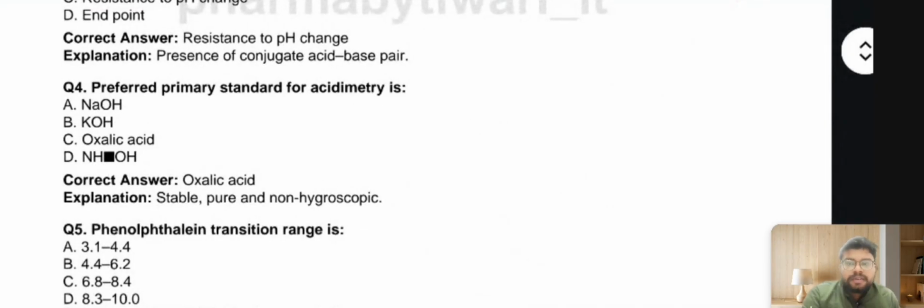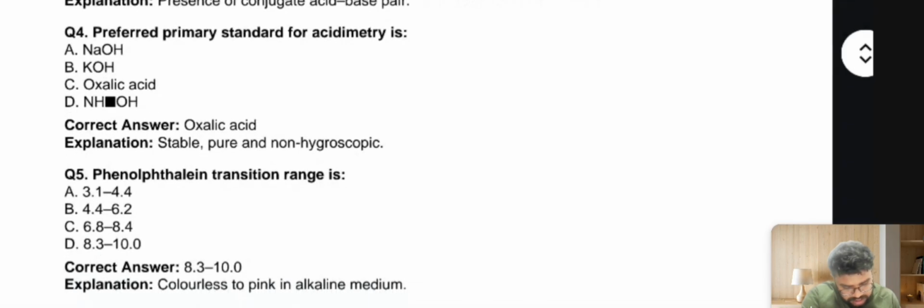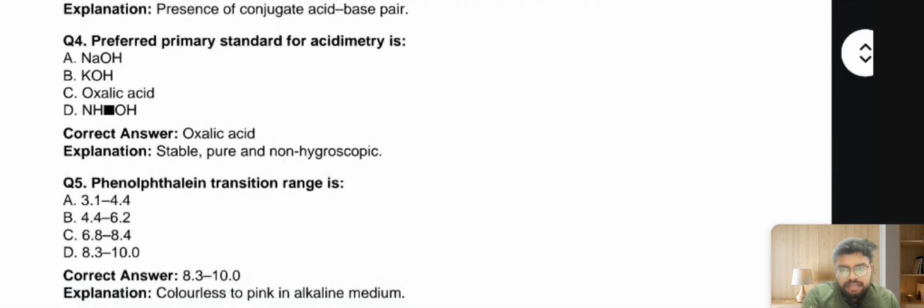The transition range of phenolphthalein is: option A 3.1 to 4.4, option B 4.4 to 6.2, option C 6.8 to 8.4, option D 8.3 to 10. Let's see the correct answer. The correct answer is 8.3 to 10.